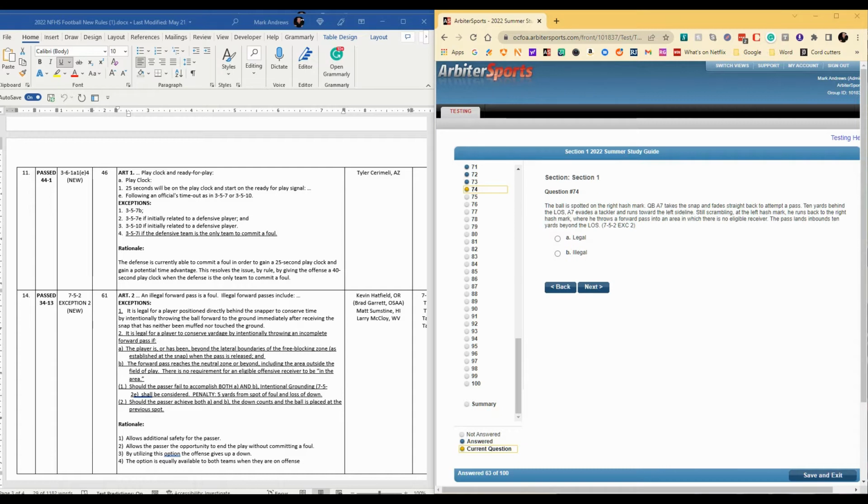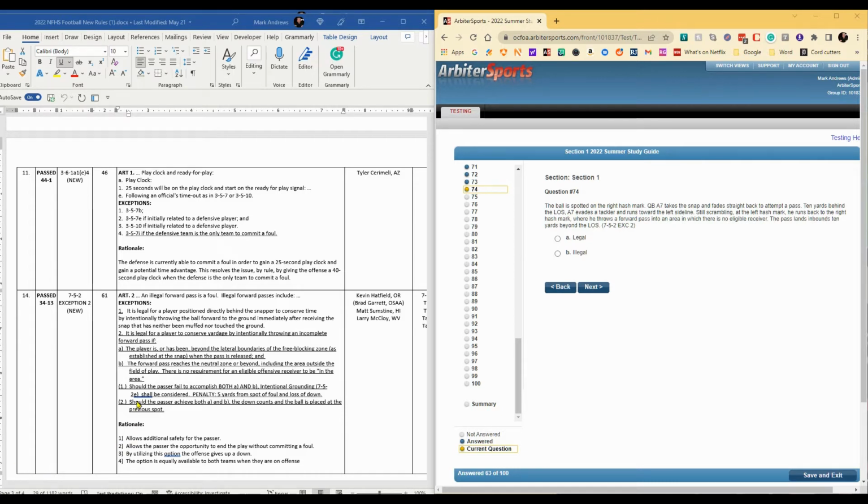Okay, same situation as far as the quarterback and 10 yards behind the line of scrimmage. He's evading a tackler. Now he started on the right hash mark. He evades the tackler and runs toward the left sideline. Still scrambling at the left hash mark, he runs back to the right hash mark where he throws a forward pass into an area in which there is no eligible receiver. The pass lands inbounds 10 yards beyond the line of scrimmage. So he's back in that expanded neutral zone area when he throws the ball, right?